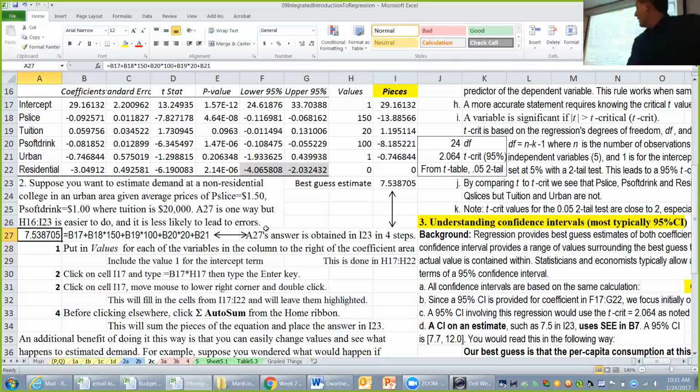So that's our equation for our regression. I'm going to use alphas and betas: alpha plus beta 1 times x1 plus beta 2 times x2, up to beta n times xn.